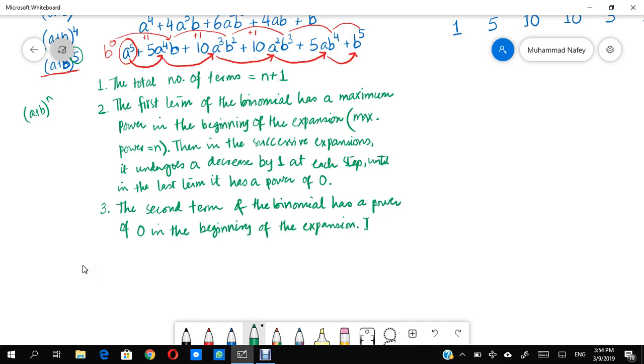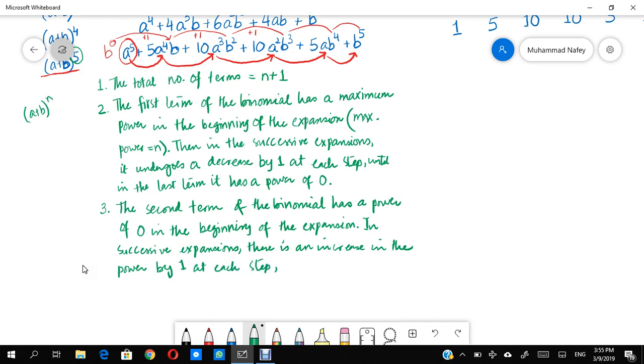Then, in successive expansions, there is an increase in the power by 1 at each step until in the last term it has the maximum power.